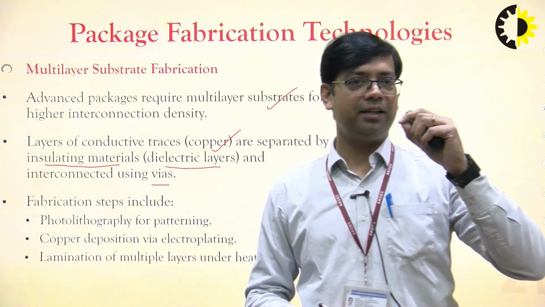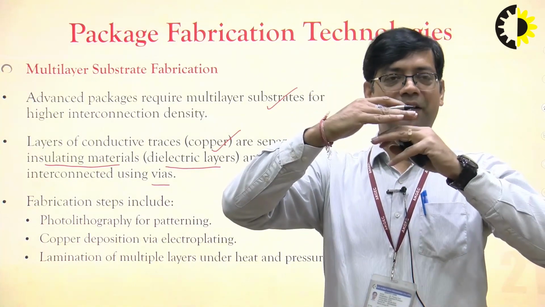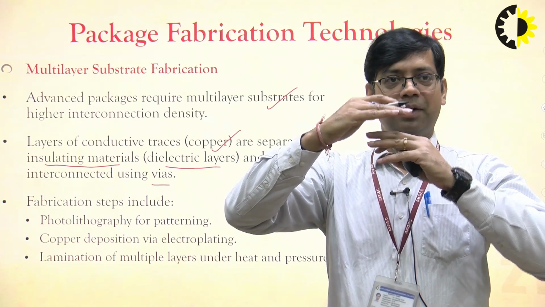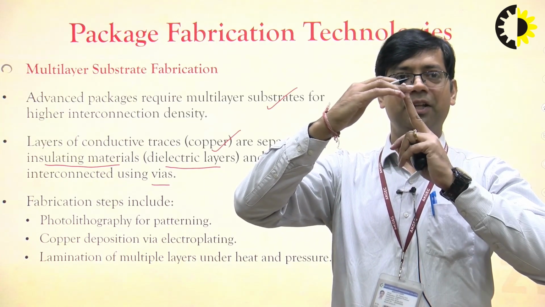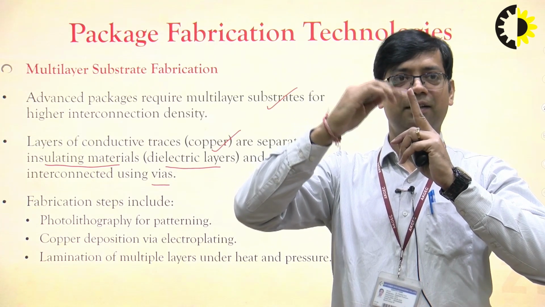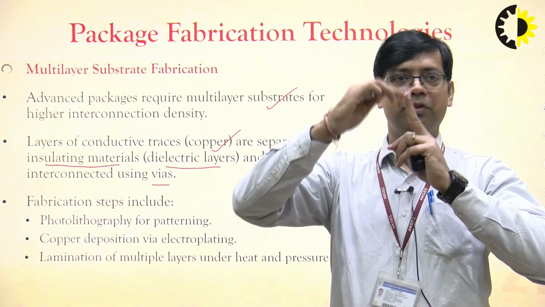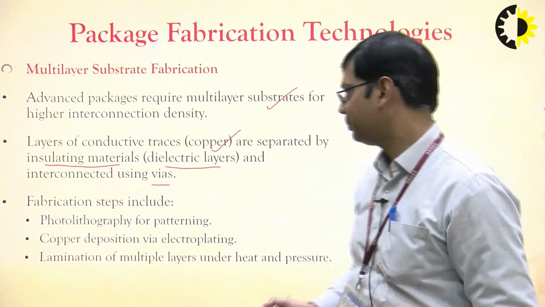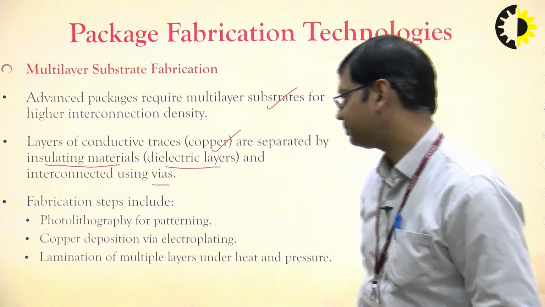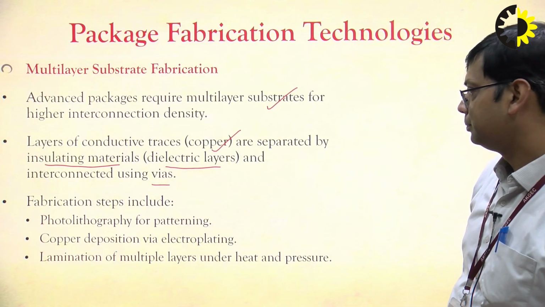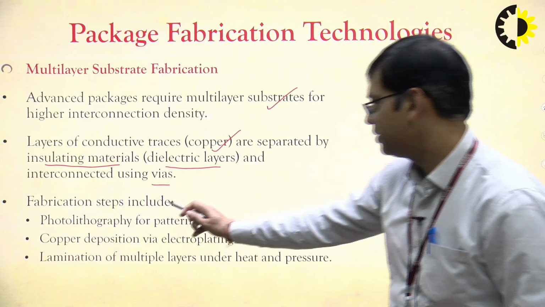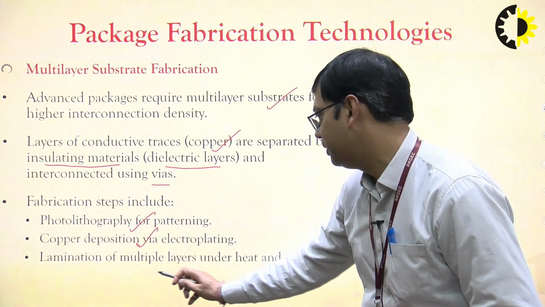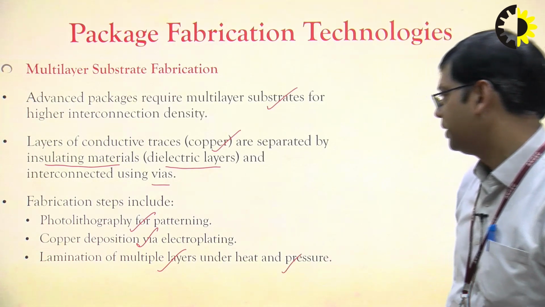One conducting layer is separated from another by a dielectric layer, but if one conducting layer is to be connected with another, then a via is created between the two through a dielectric material. So for that, via is used. Fabrication steps include photolithography, copper deposition and lamination of multiple layers under heat and pressure.